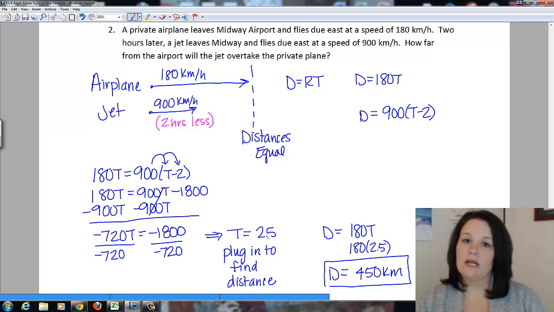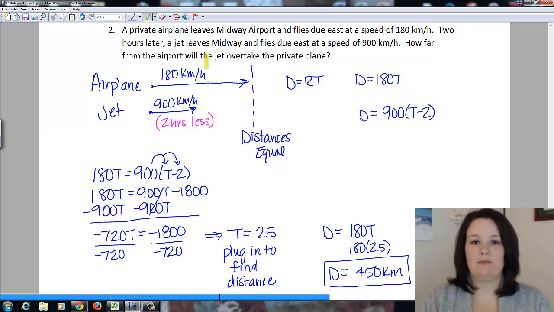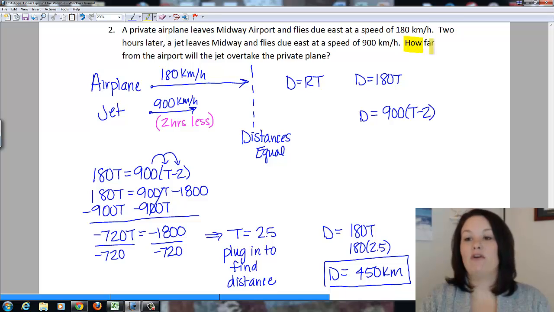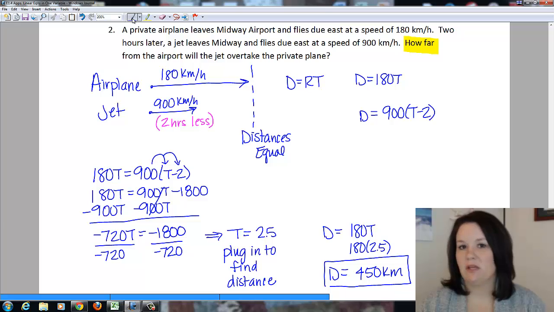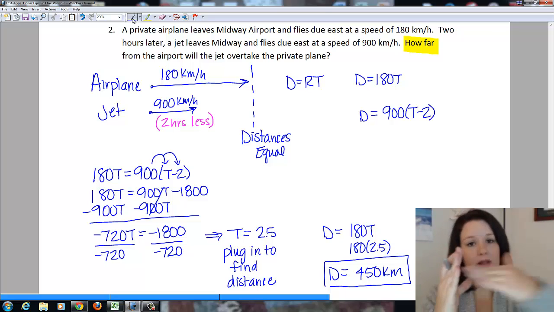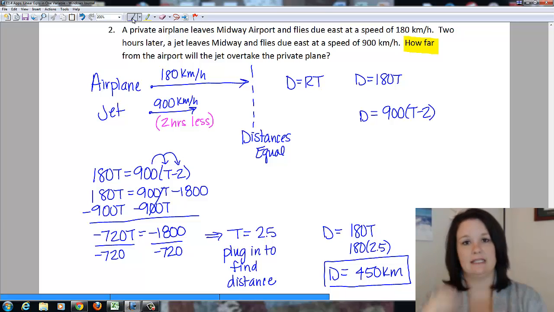Now remember, t is representing the time of the airplane. What my problem's actually asking me for is how far. It wants to know the distance. How far from the airport will the jet overtake the plane? It doesn't matter which distance I use because at that point, the airplane's distance is equal to the jet's distance.